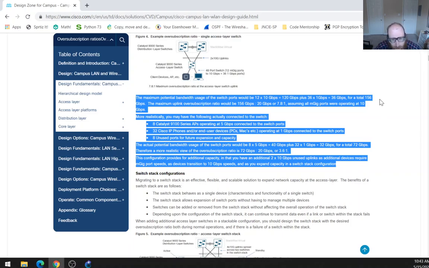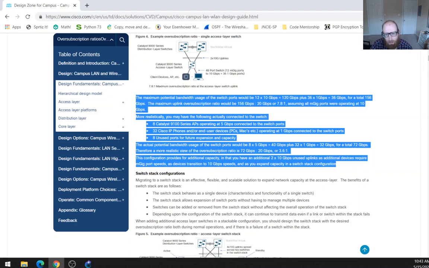The maximum potential bandwidth usage of the switch ports would be 12 times 10 gigabit per second equals 120 gigabit per second, plus 36 times 1 gigabit per second equals 36 gigabit per second, for a total of 156 gigabits per second.